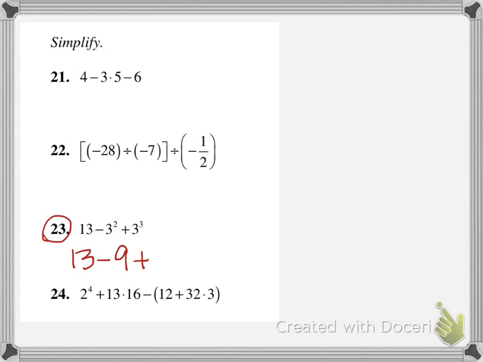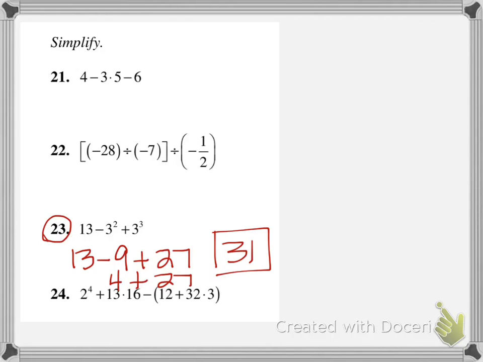And then we have plus 3 to the third power, which would be 3 times 3 times 3, which would be 27. So now I can just go left to right. The only operations I have are subtracting and adding, and they're on the same level. So 13 minus 9 is 4. So 4 plus 27 is 31.